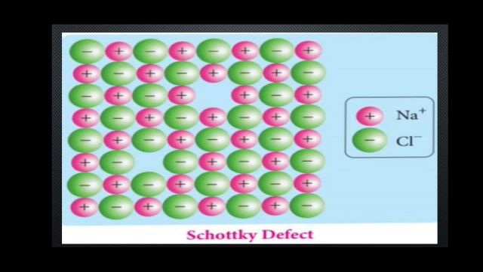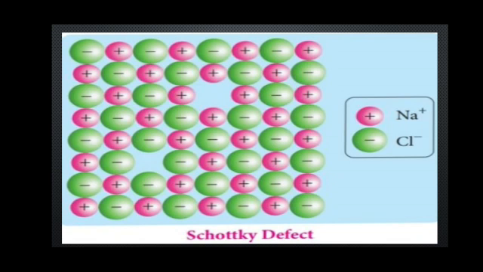So see this example. What example are we taking here? Sodium chloride. Here the green balls depict chloride ions, and the pink balls represent Na+ ions. See in the third row, which ion is missed over there? Chloride ion, Cl-, is missed. Then see in the same diagram, from the last third row, which ion is missing?